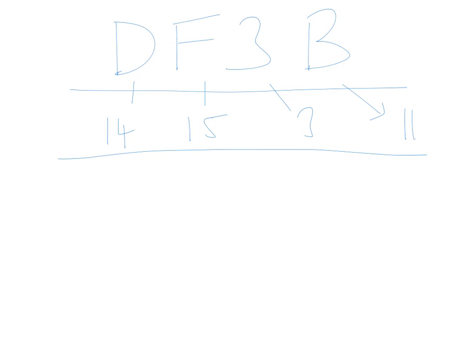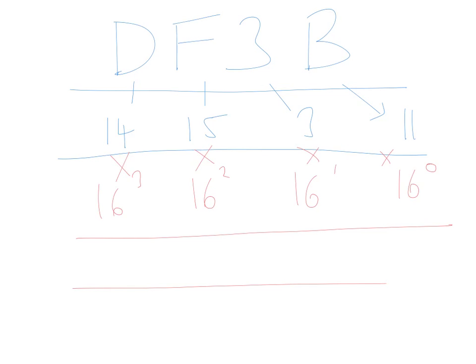And then we can write down the placeholders beneath those. So 16 to the power 0 times by 16 to the 1 times by 16 to the power 2 times by 16 to the power 3. And then just make sure our math is correct.